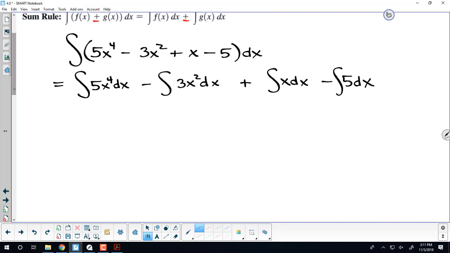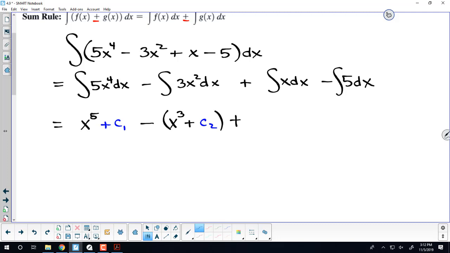So what would be the antiderivative of 5x to the fourth? X to the fifth. And technically if we break it up this way, we would get a constant here. So let's call that constant 1, minus the antiderivative of 3x squared. What would that be? X cubed, yeah, minus x cubed plus another constant, plus the antiderivative of x.